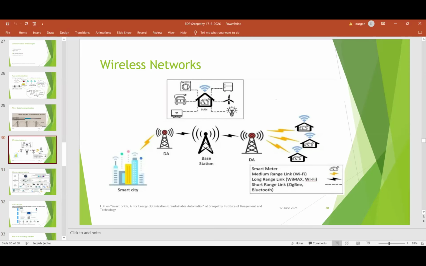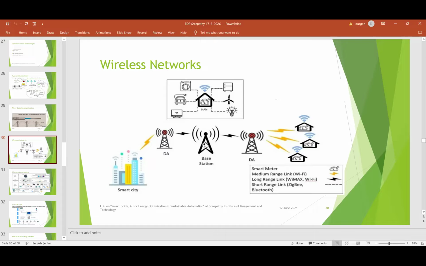Then here we can see a distribution base station. Base station means the main station, and from here it is distributed to the other stations like substations, which enables distribution automation. Distribution automation means from the main station the energy can be distributed to DA systems, or distribution automation systems, which represent the communication nodes between the distribution centers.